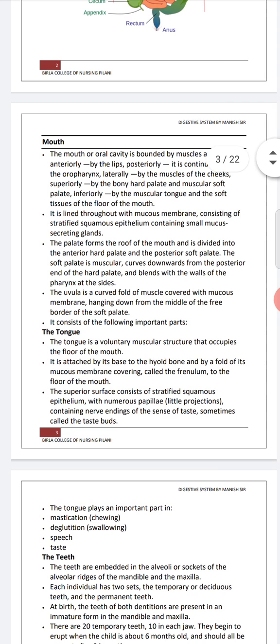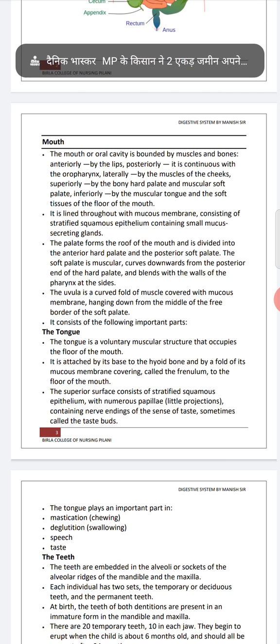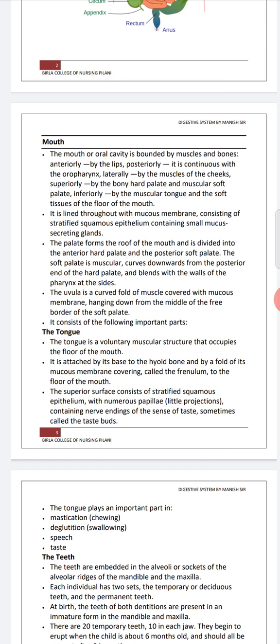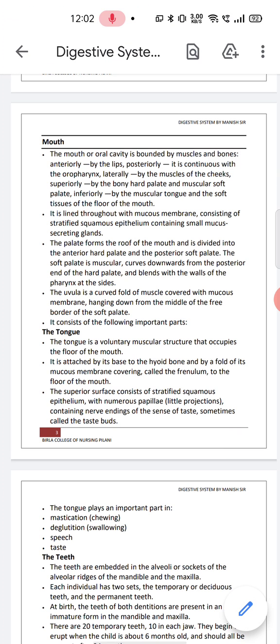The uvula is a fold of muscle covered with mucous membrane hanging down from the middle of the free border of the soft palate. You can see it when you open your mouth: at the end you will see a hanging structure, that is called the uvula. The uvula is a muscular fold covered with mucous membrane. It is the last part of the soft palate.